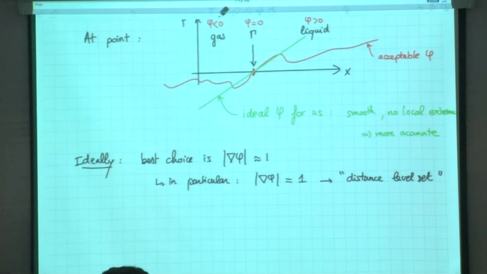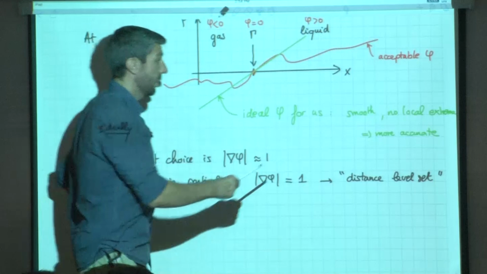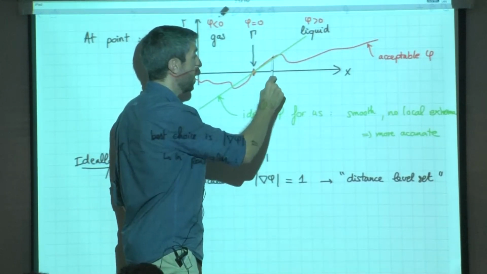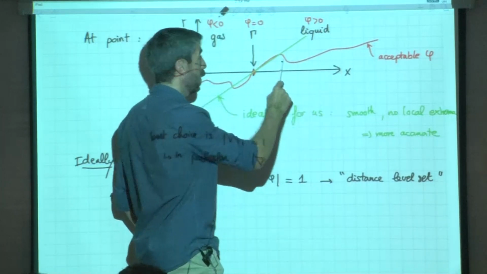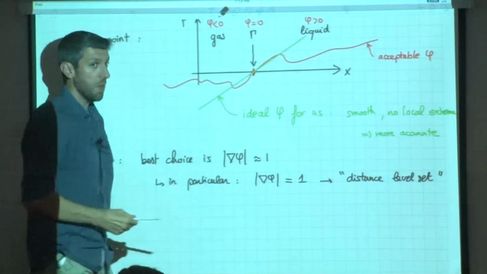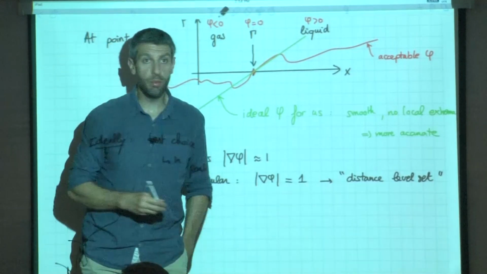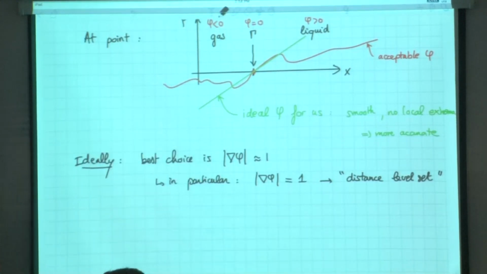Okay, so I said no local extrema. When I wrote that, I meant we got rid of these local extrema in this weird sketch I made of a random function. We haven't necessarily completely removed the existence of local extrema.